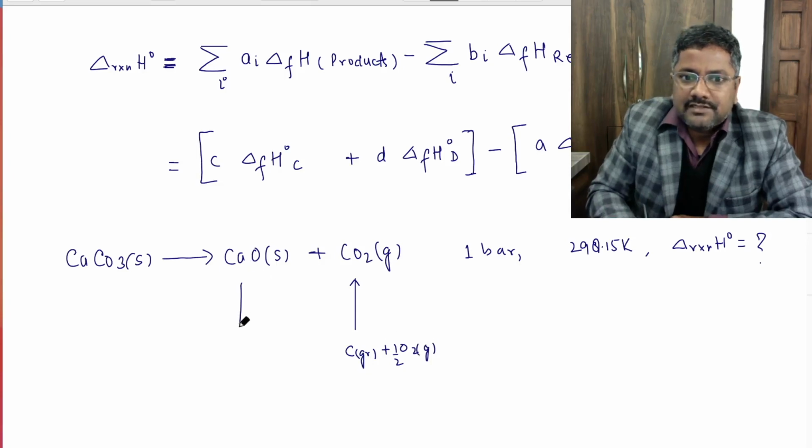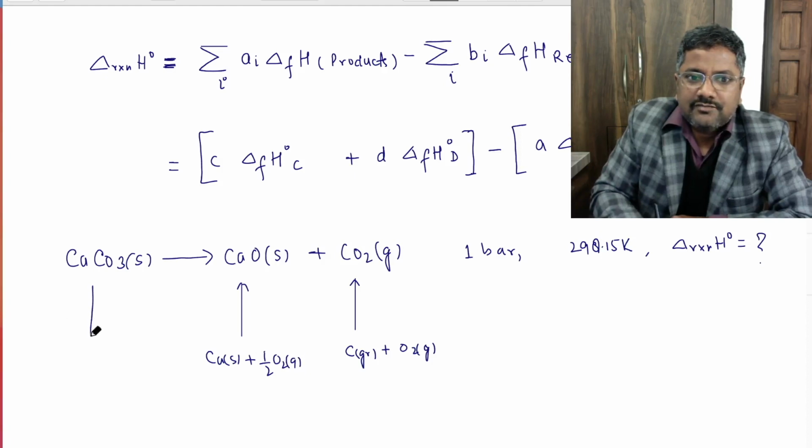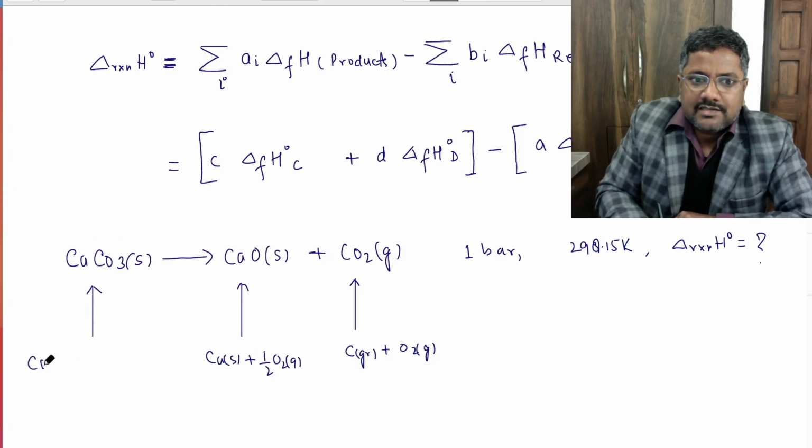And the formation of calcium carbonate is calcium solid plus carbon graphite plus 3 by 2 O2 gas.